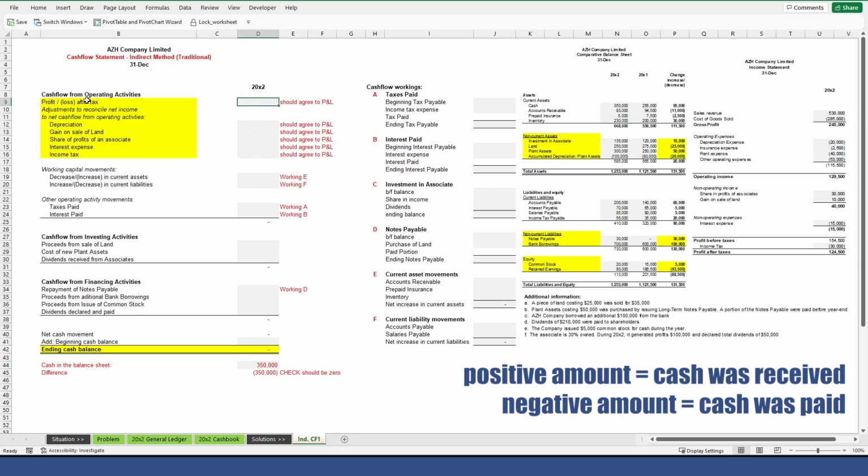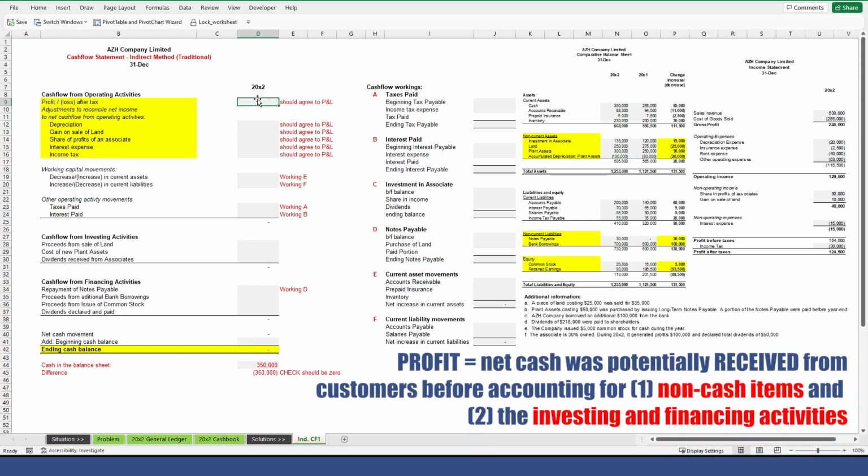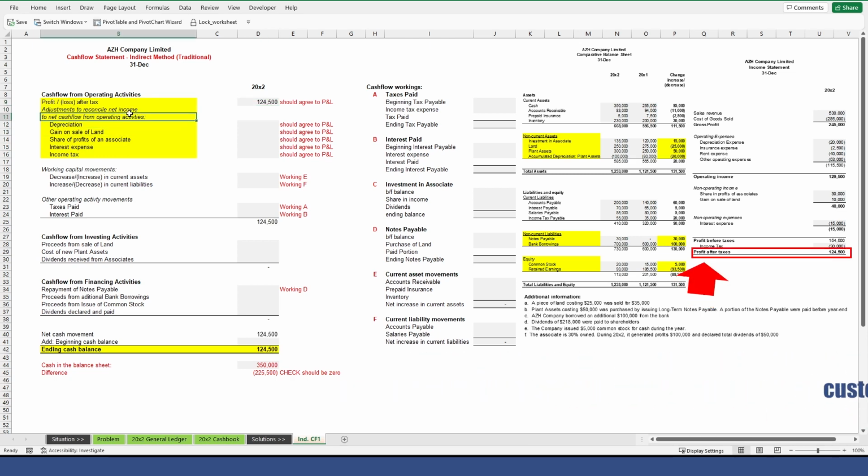That's why in the profit or loss after tax, if it's a profit, it should be a positive amount, and if it's a loss, it should be a negative amount, because profit means that potentially we received a net amount of operating activity cash flow before recognizing the adjustments to reconcile the net income to net cash flow from operating activities right here. So now we have 124,500, a positive item because we have a profit of 124,500 from the income statement. As agreed from the notes here, all of this should agree to the P&L.